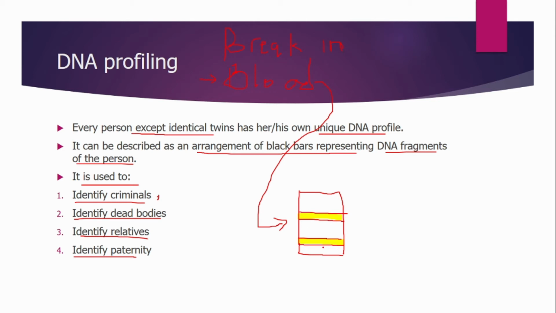A DNA profile will be found using the blood from the break-in crime scene, and then the police go and arrest suspects. Let's say there's suspect number 1 and suspect number 2, and then the police are going to do the research on the DNA profile of suspect number 1.